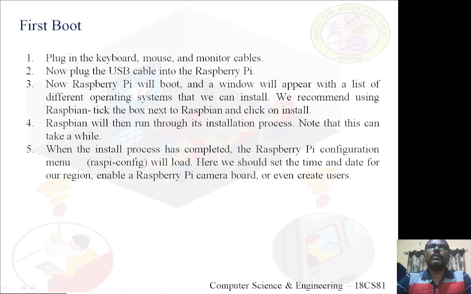Now when the Raspbian operating system is installed completely, the first thing we need to do in the next boot is to configure the Raspberry Pi.